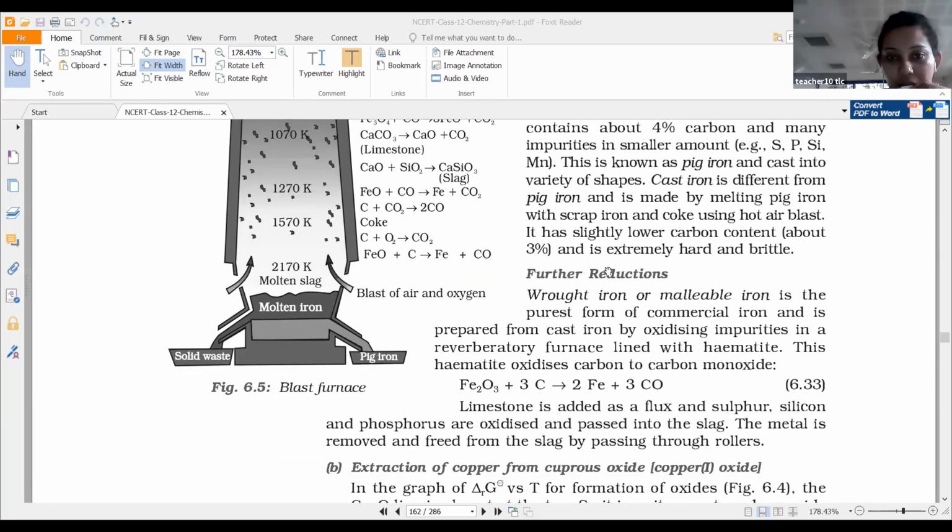Yes, students. Now you take that pig iron and then heat it. Okay. You can remove the maximum amount of carbon as carbon dioxide, or else you can reduce the carbon content by only 1%. Okay. So now you will get a cast iron where the percentage of carbon content is just 3%. Over.